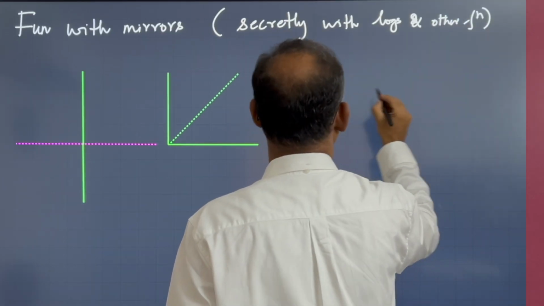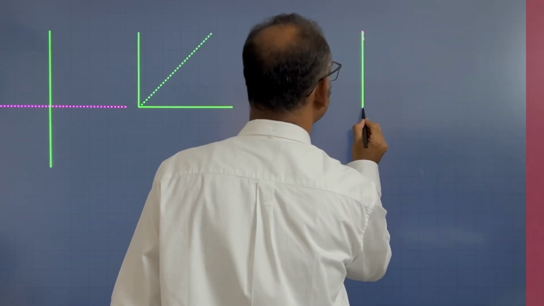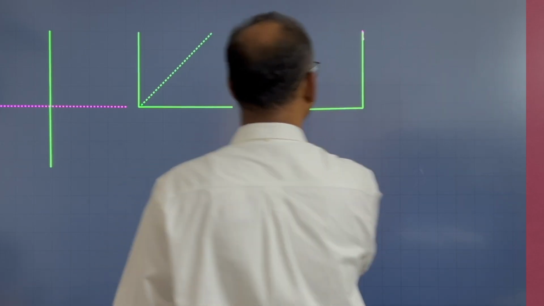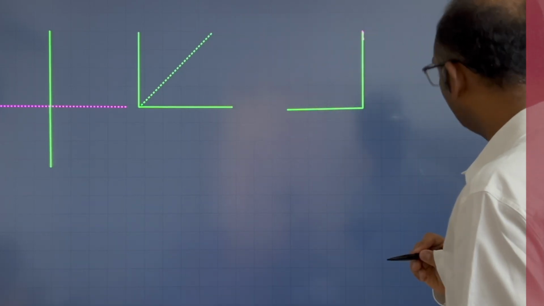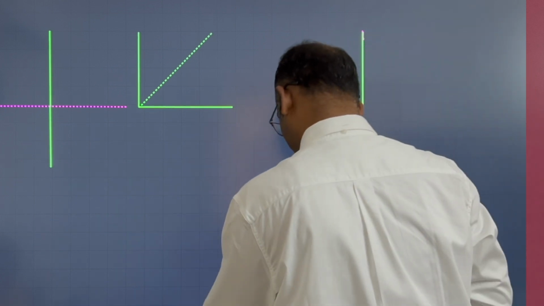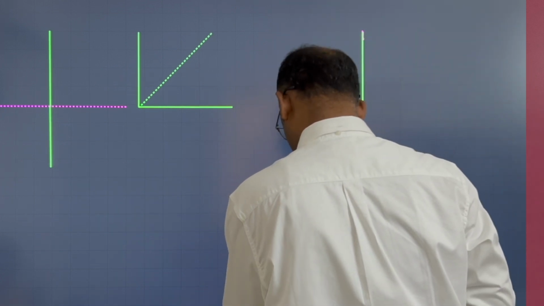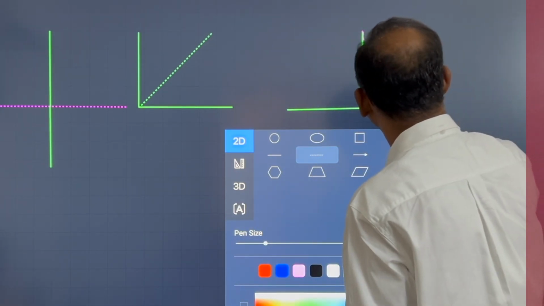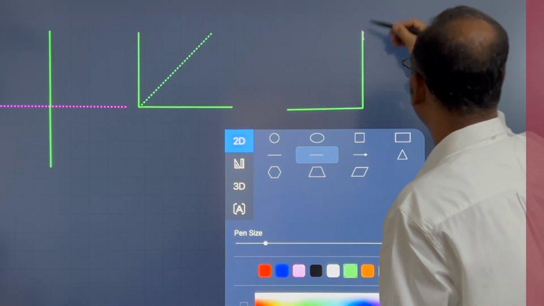Now, let's go to this one. Take this one. Now what I'll do is I'll put a mirror, which is a challenge, here at 45 degrees. 45 degrees to this vertical line.